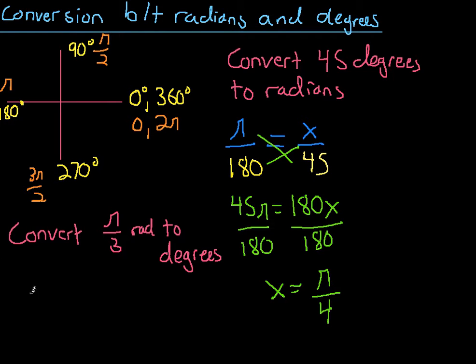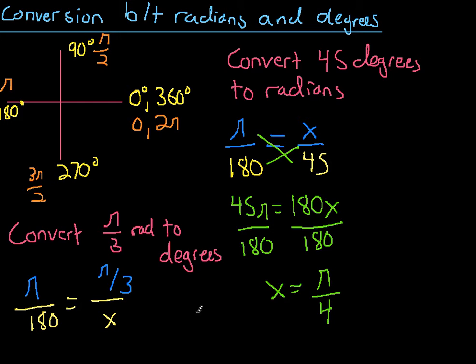I'm going to do a similar setup here, where I'm going to do pi over 180 is equal to, now my x is going to be down here because my degrees are what's unknown. It's not my radians anymore. And back in the top here is going to be pi over 3. So pi over 180 is equal to pi over 3 divided by x.